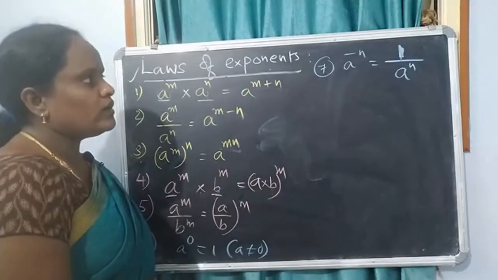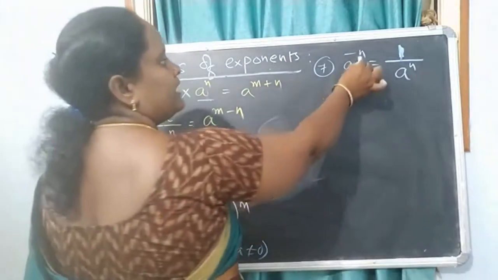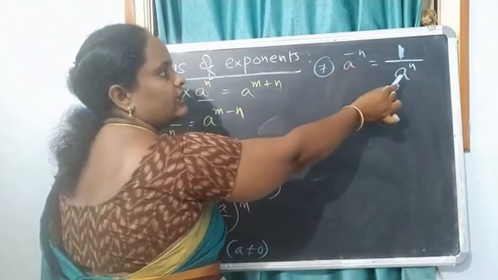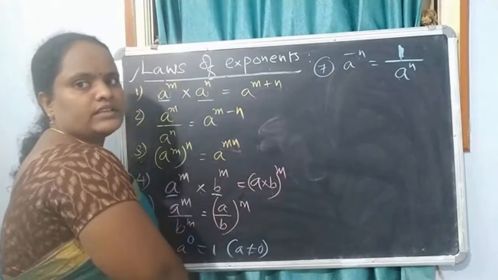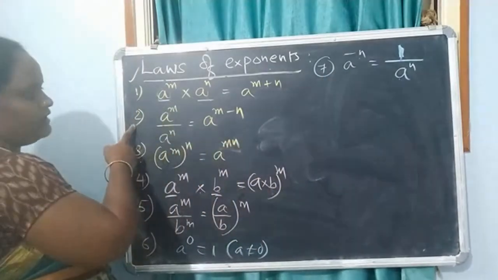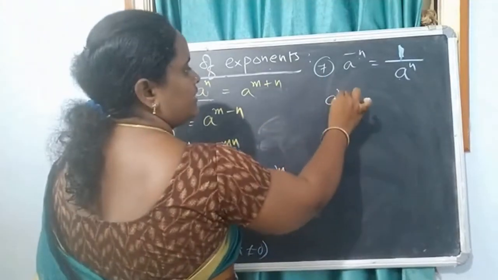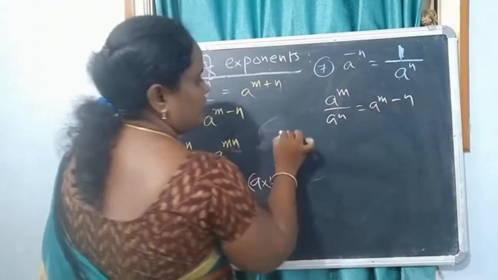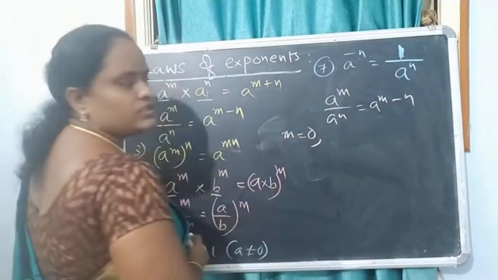Now let us move on to the seventh one. a power minus n is equal to 1 by a power n. When a negative power is there, that can be converted into a positive power. Actually, this formula also came from the second one. If we take a power m by a power n is equal to a power m minus n, what happens if we take m equal to 0?